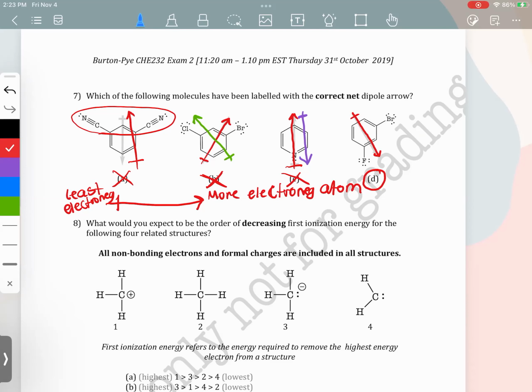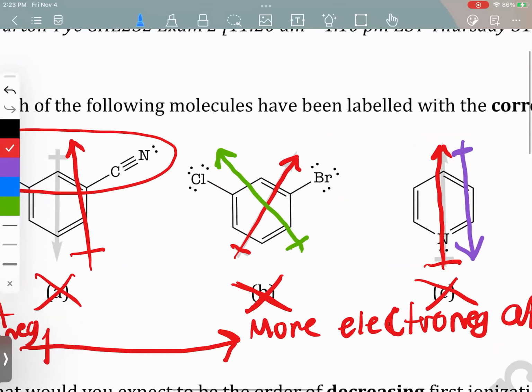Wait, so just to make sure, for B, you're saying bromine's less electronegative than carbon? Yeah, because remember you have F, Cl, Br, and then iodine. As you go down the periodic table, electronegativity decreases.